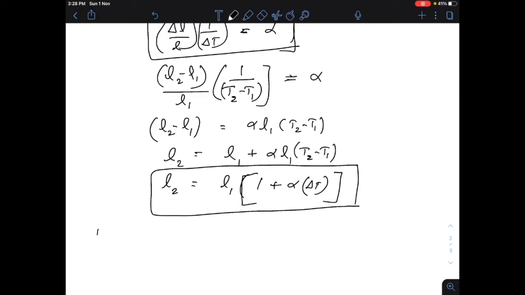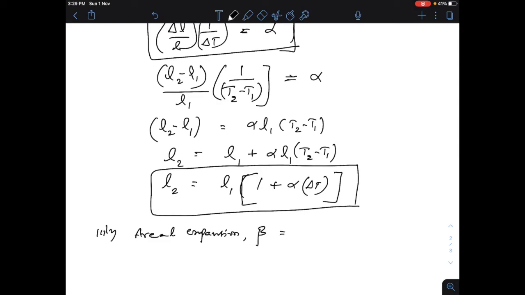Now similarly we can arrive at expressions for areal expansion, the coefficient of areal expansion, and that is denoted with the letter beta.